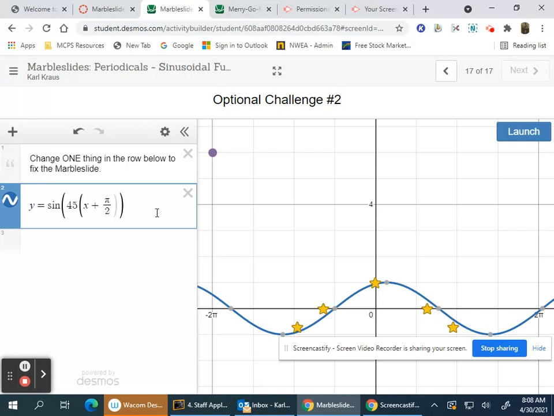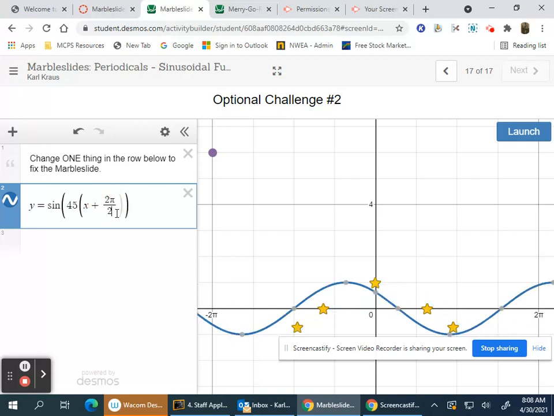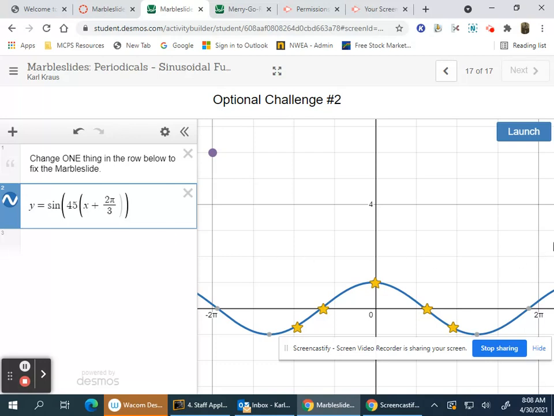So let's try 120. So that'll be 2 pi over 3. Oh, there we go. That works.